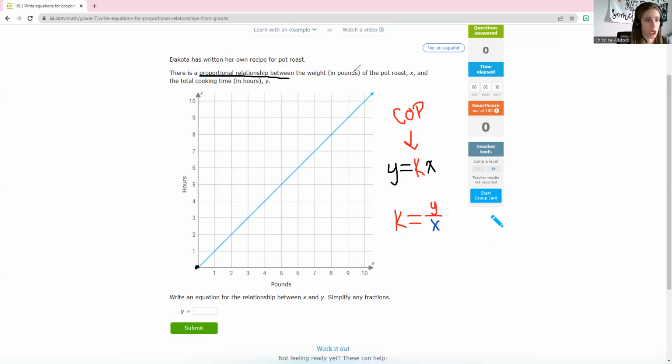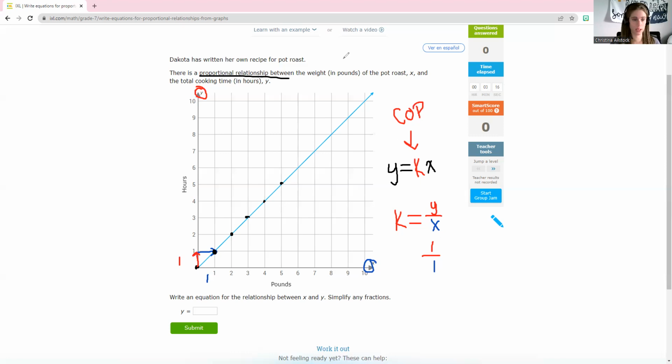If we look at our graph here, we can see that it's starting at 0 and it goes up 1, which would be our Y value, and it goes over 1, which would be our x value. And that takes us to the next spot on the graph, because anytime our graph crosses the grid lines, you technically could put a point right there. So we're going up and over 1, which means we'd have 1 over 1.